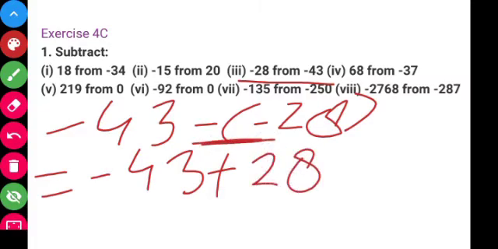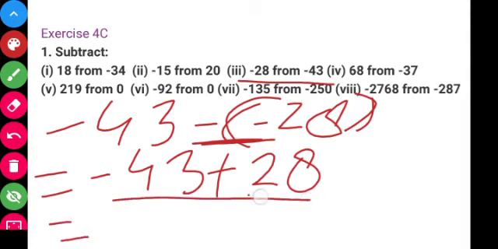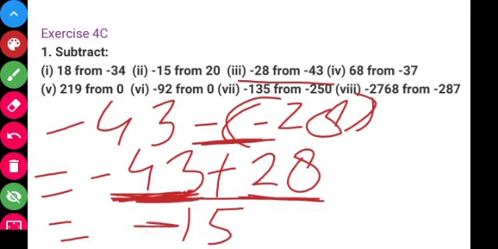Because both are negative signs, so when you break this bracket, then it will be plus. Now here one is positive, another is negative, then we have to subtract. So this will be 15, and put the sign of the bigger one. The bigger one, 43, is negative. So the answer is minus 15.